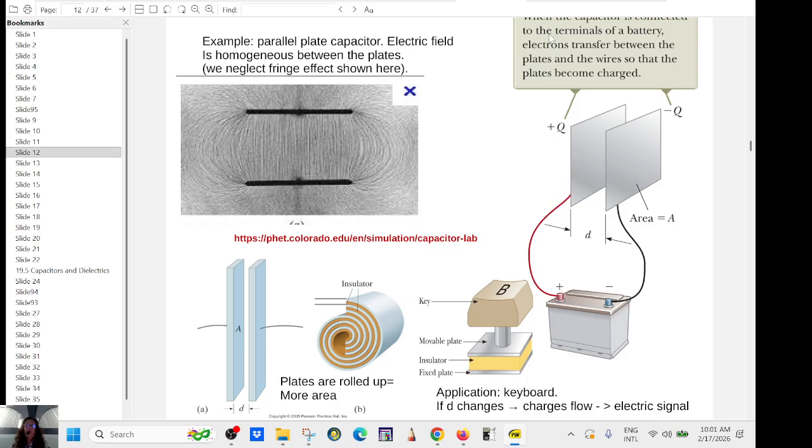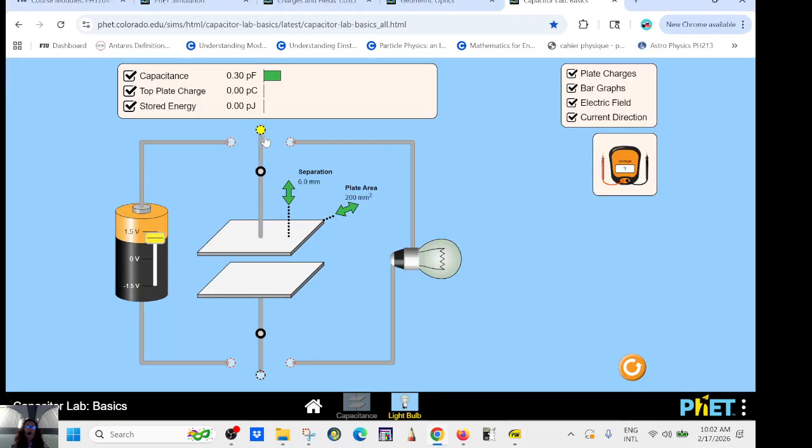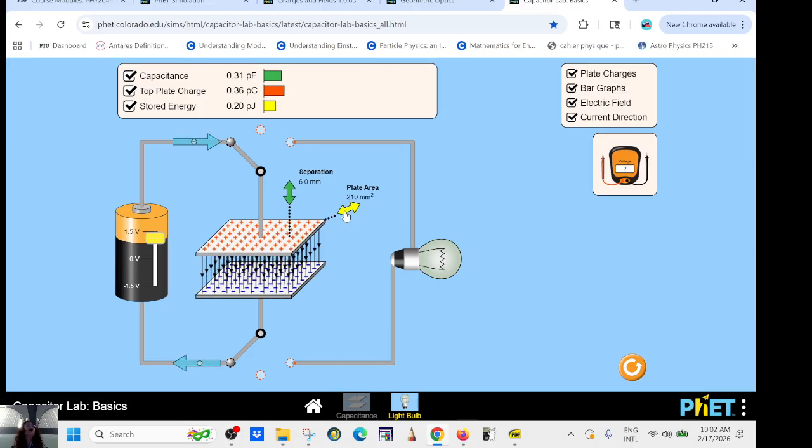So let me show you a demo. If I go back to the demo here, if I increase the area, it makes sense. But you cannot just buy one capacitor on top of another.